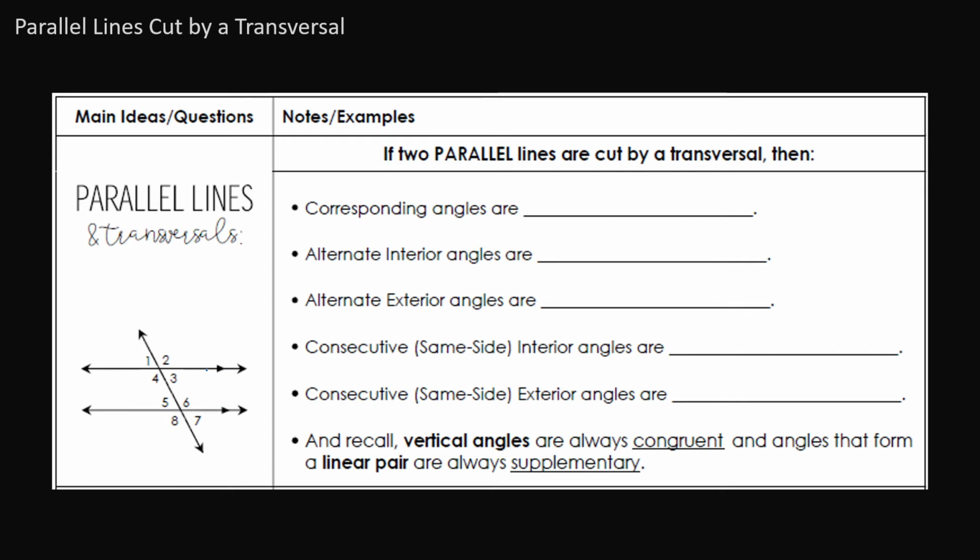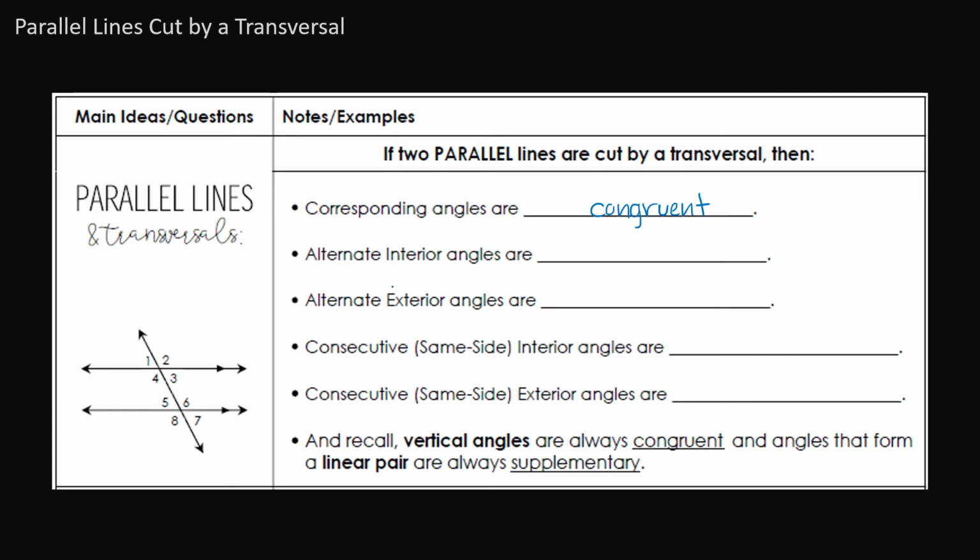So when two parallel lines are cut by a transversal line, that means that corresponding angles are congruent. They are congruent to each other. So for example, angles 1 and 5 are corresponding angles. They are congruent to each other. They're both acute angles. You have linear pairs next to them. They're both congruent to each other.